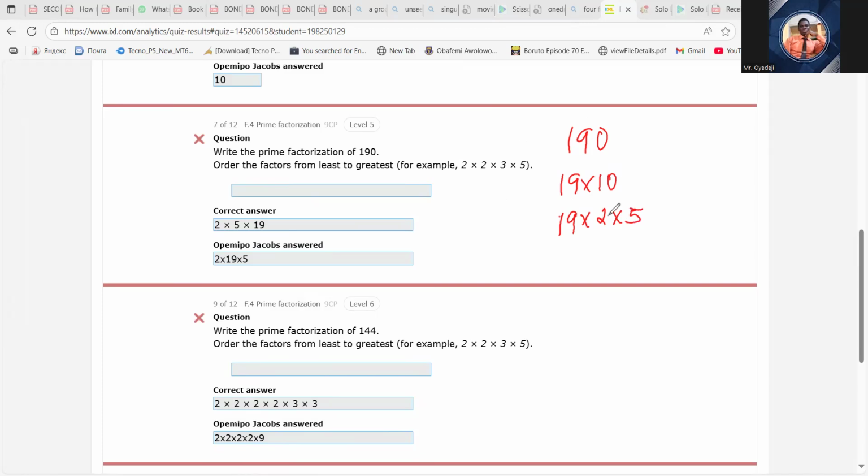We cannot break it any lower than this. Then we arrange it properly from lowest to biggest by saying 2 times 5 times 19. That's the only correction here: you should arrange from the least to the greatest, not haphazardly. That's settled.